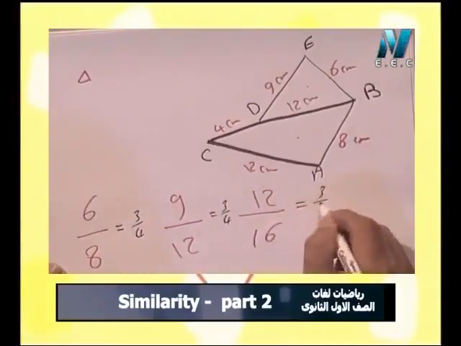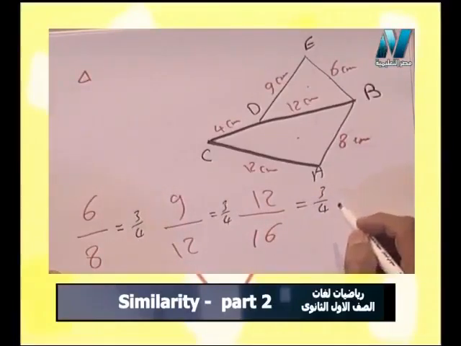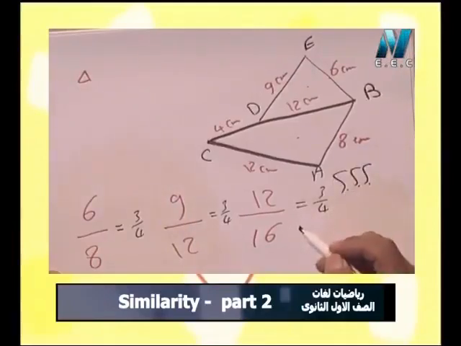All of them equal 3/4. So the sides are proportional, and in this case we called it SSS similarity, which means side similarity, and we have now proved that the two triangles are similar.